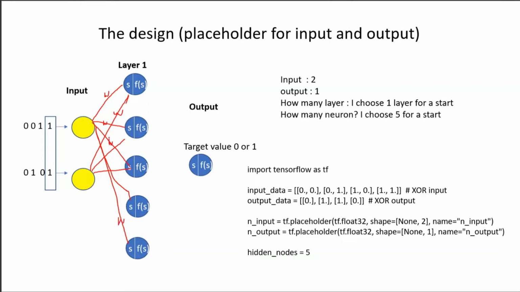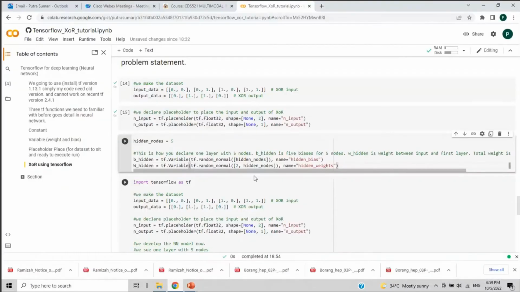So you got 10 weights altogether, and you got 5 bias. When you're moving forward and backward, they're gonna change the weight and bias to adjust to the target value. So you're going to have 10 weights here, 2 times hidden nodes.